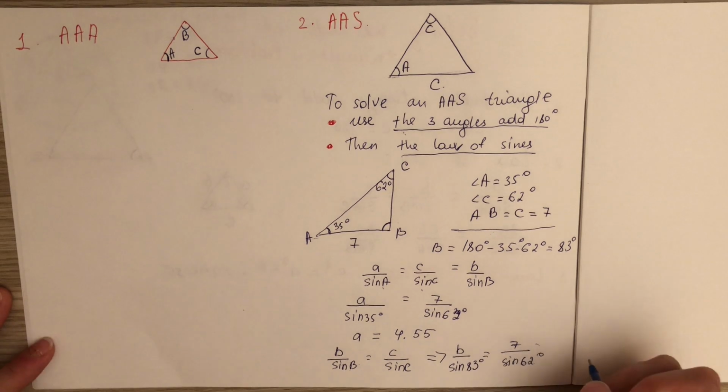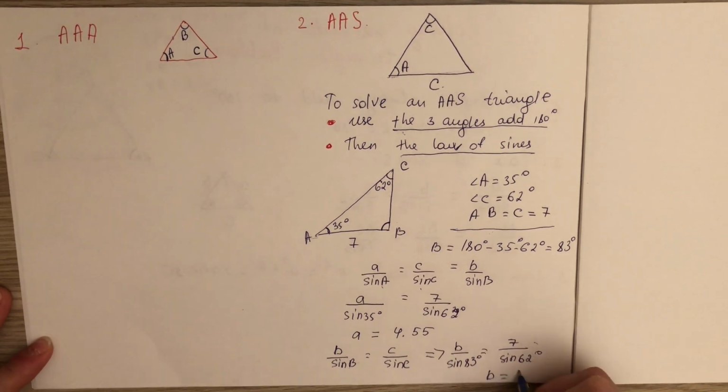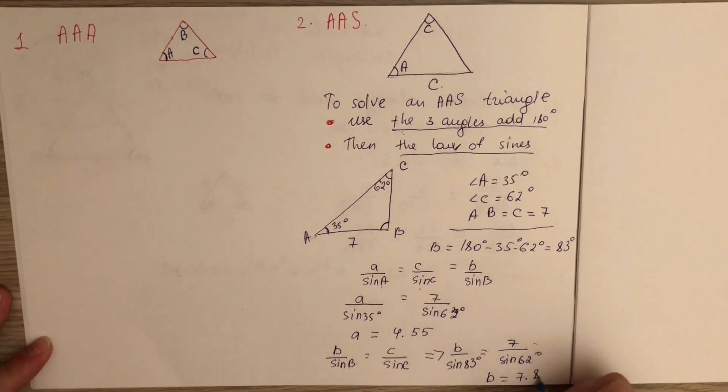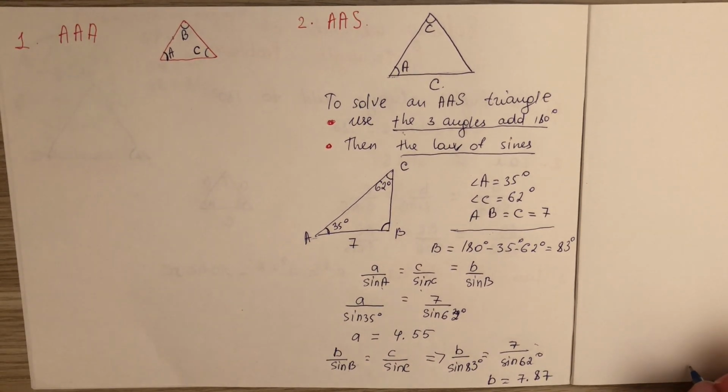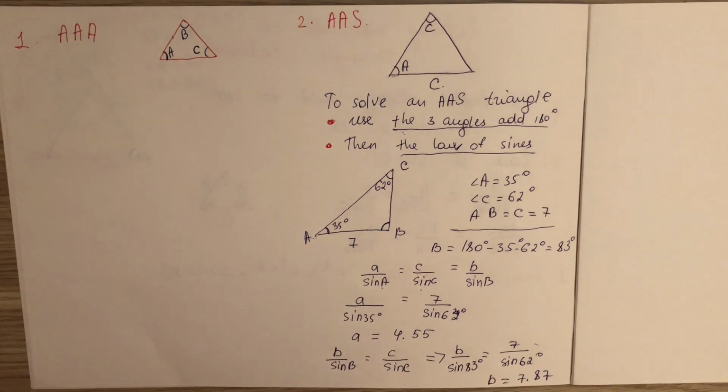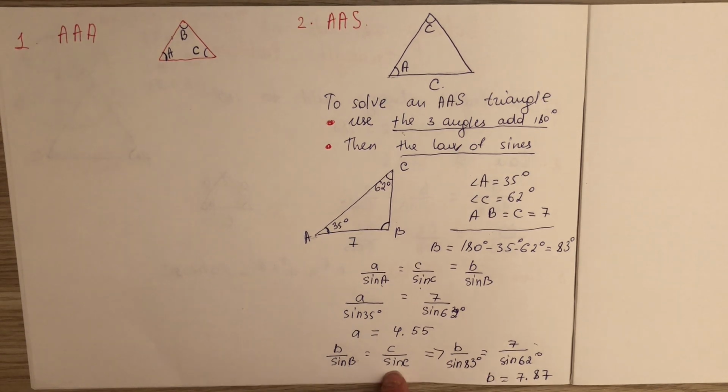Here we get B equal to 7.87, two decimal places.